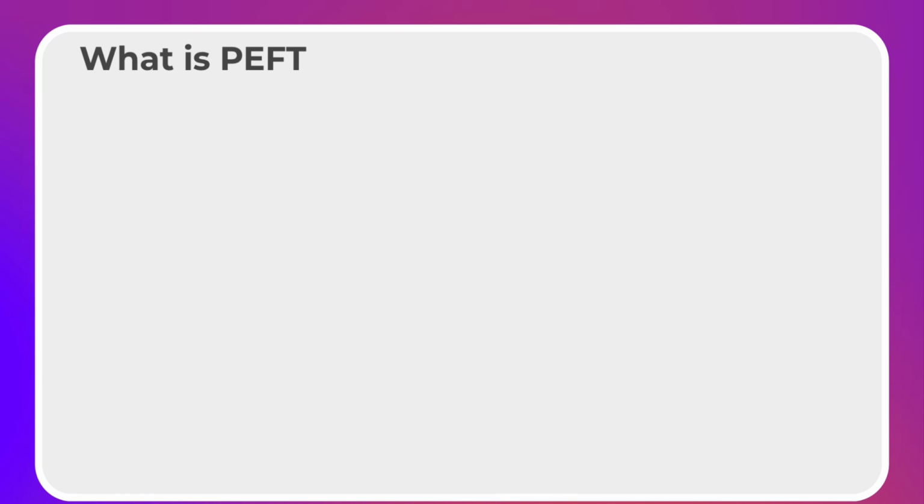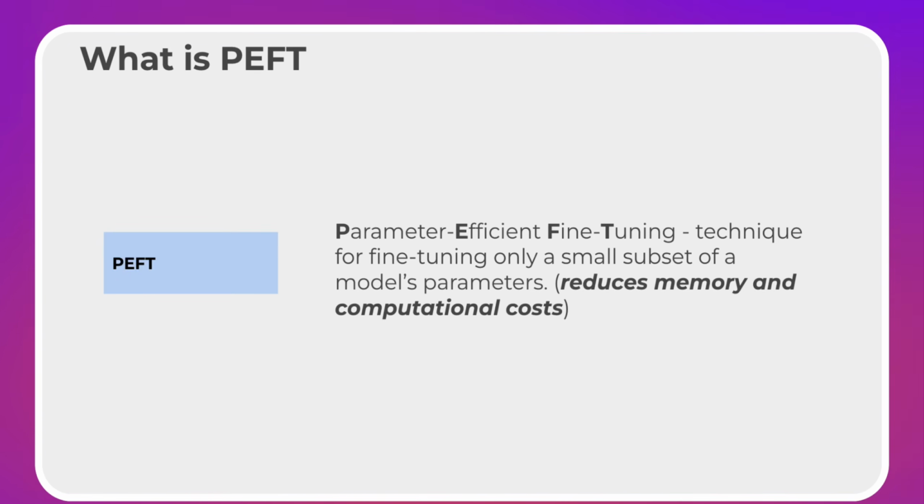So let's get started here and see what is PEFT. So the idea is very simple. PEFT is parameter efficient fine-tuning. So it's a technique for fine-tuning only a very small subset of a model's parameters. So what does it do? Well, it allows us to reduce the memory footprint and computational costs.